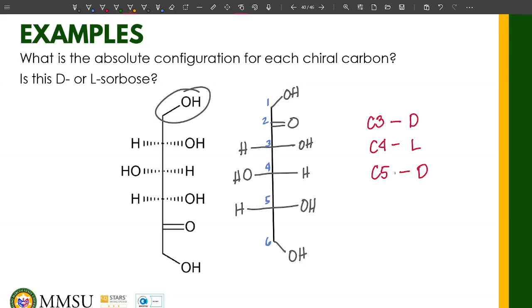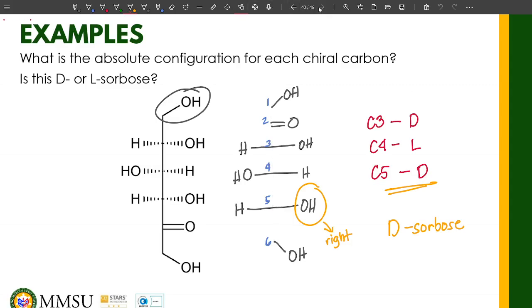So, among 3, 4, and 5, automatically, it is C5, this one. It is on the right. Automatically, this is a D-sorbose. That's it. That's all there is to it.